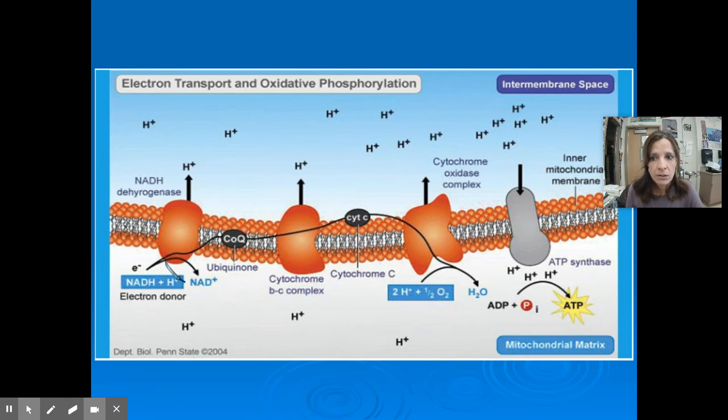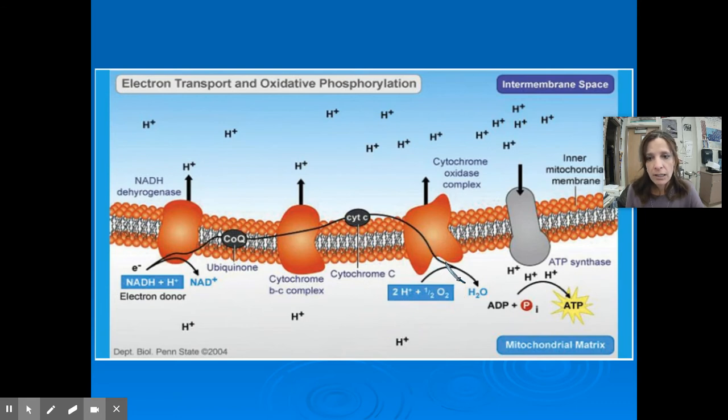So again, here's another picture, just a slightly different cartoon. Here is your NADH donating its electron, and as it goes through these proteins of the electron transport chain, hydrogen ions are going to get pumped up to this inner membrane space, and the energy from the electrons is what allows for this pumping action.